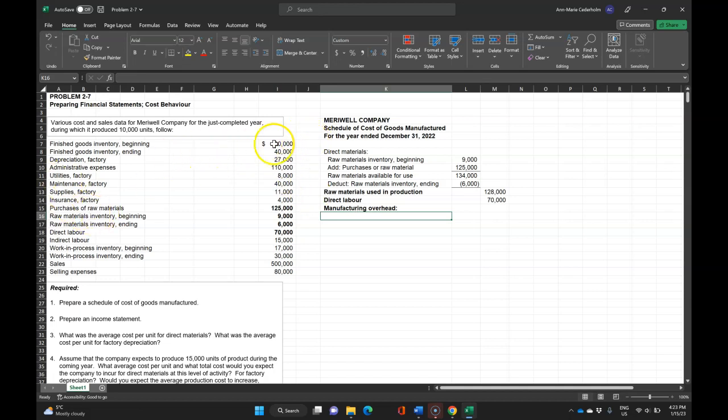So I'll just start from the top. Those are finished goods inventory account, so it's not that. This one here, depreciation factory. Because it says factory, I'm putting it down here. If it just said depreciation office, then that would be period cost, and we'll see what we do with those when we put the income statement together.